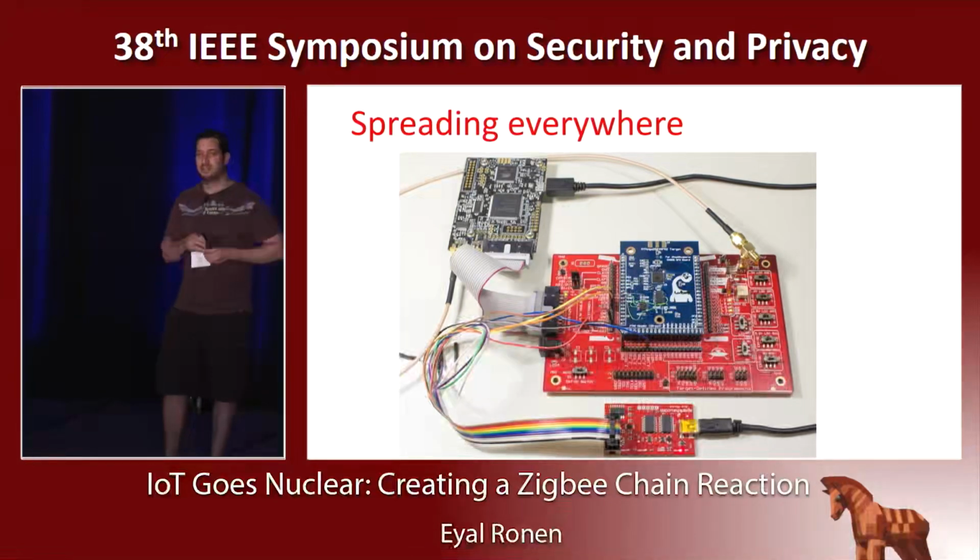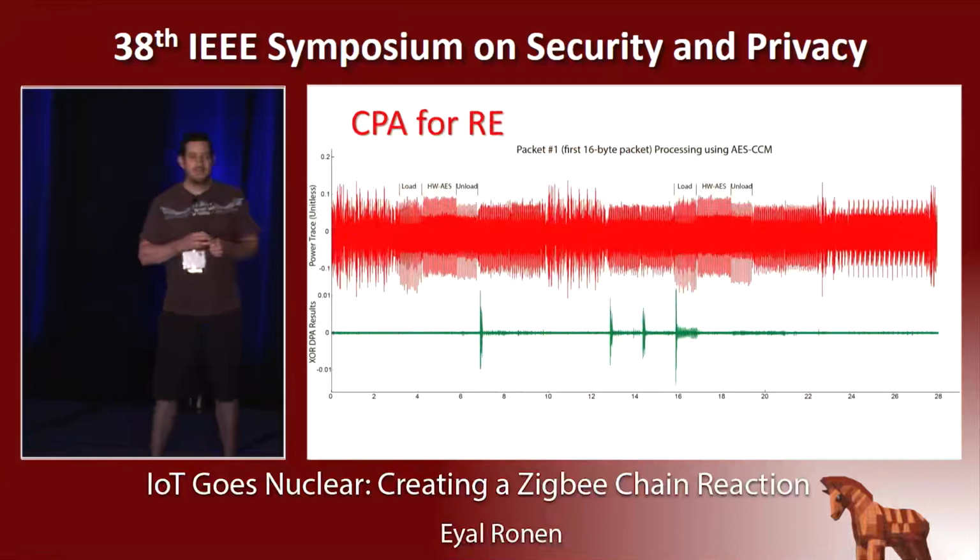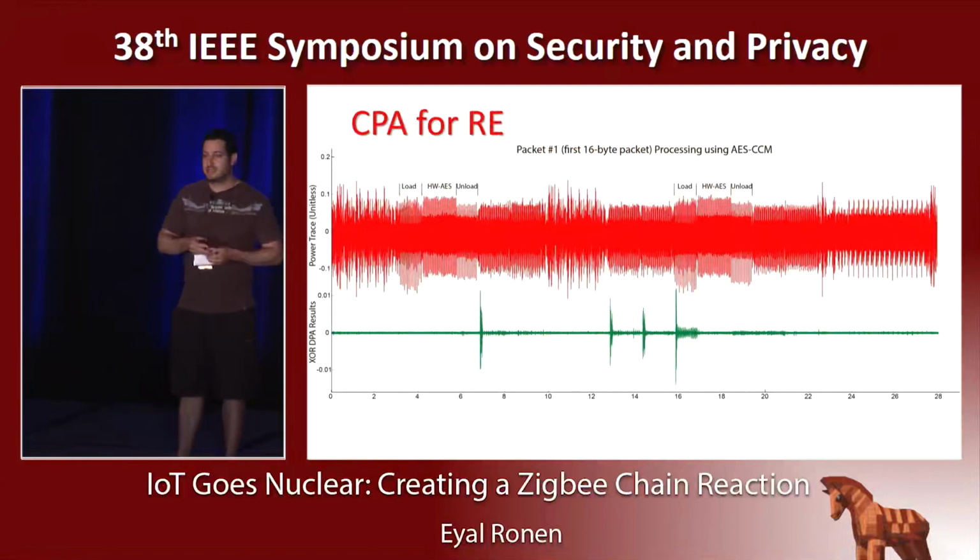So we decided to try and use power analysis to extract the keys from the lamps. This is the setup that we used. So the first part was basically reverse engineering this whole software update. It starts from the files and the structure, but we didn't even know what kind of cryptographic primitives were used or what mode of operation.